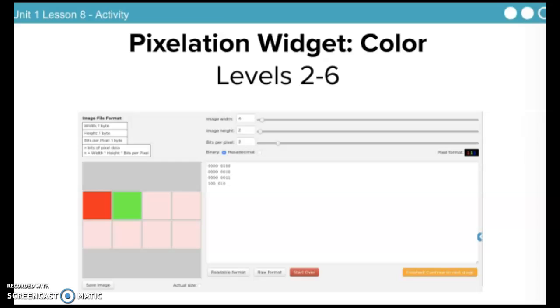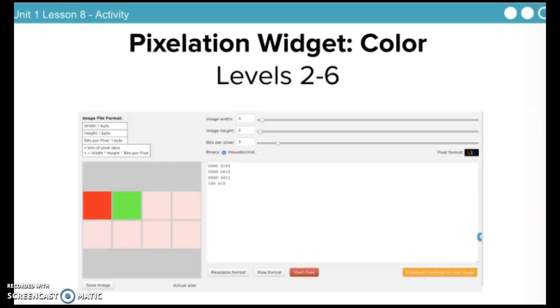Lesson 7 was really when we were dealing with black and white, but the more pixels we had, the more specificity we could have in the way the image looked. It's a similar concept when we're thinking about the more bits we have inside one of the pixels, the more different numbers we can represent.